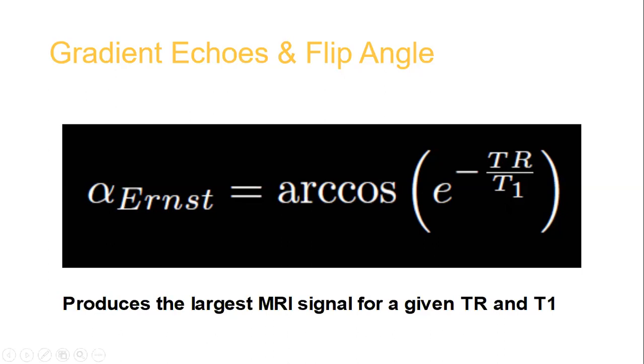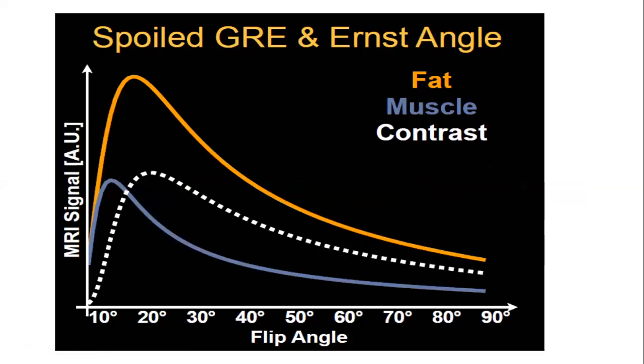What do you mean? Let's go to the next slide. I look at the GRE and the Ernst angle acquired. The graph was drawn with different flip angles from about 5 to around 80 something.